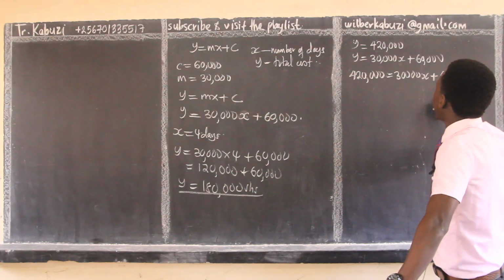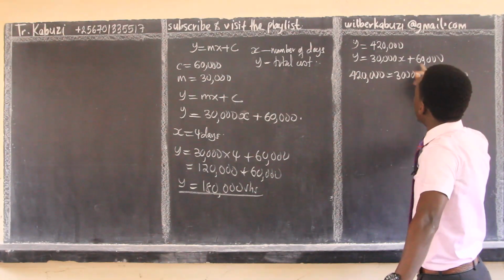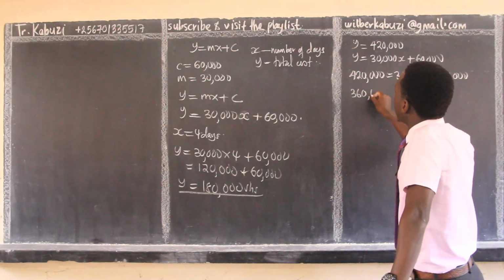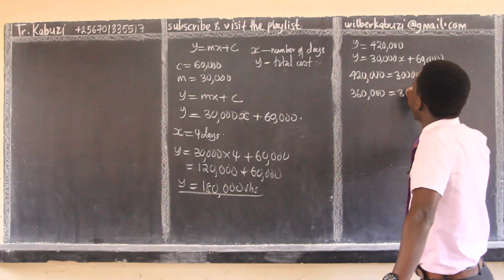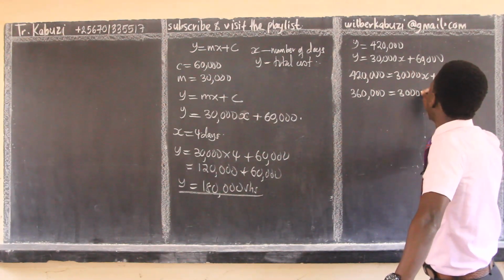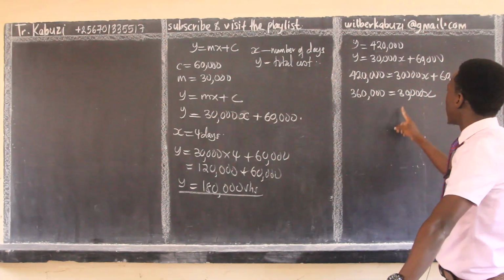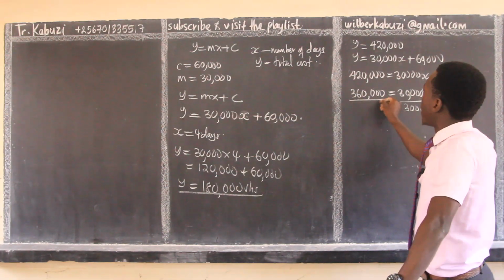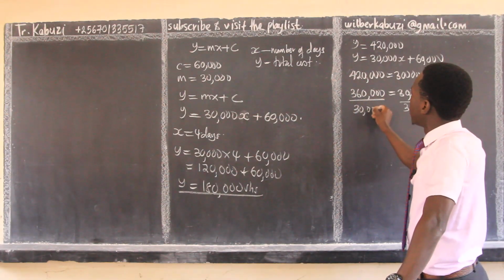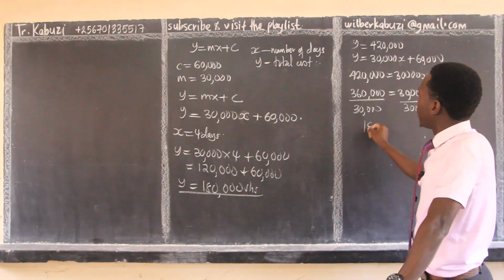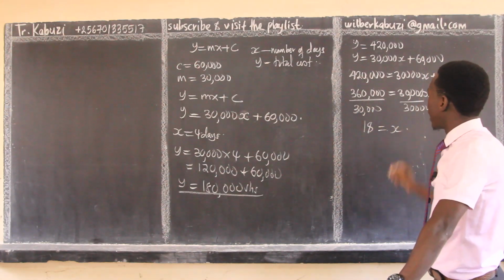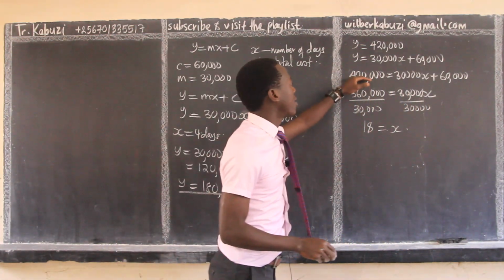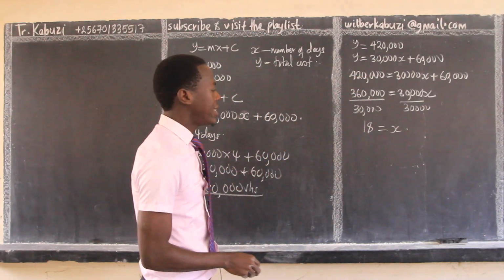What I do, I take the 60,000 and subtract it from 420,000, which will give us 360,000 equals 30,000x. Now you divide this side and also divide that side. Clearly you see we are going to have 18 equals x. So that means the man will spend 18 days on the budget of 420,000.